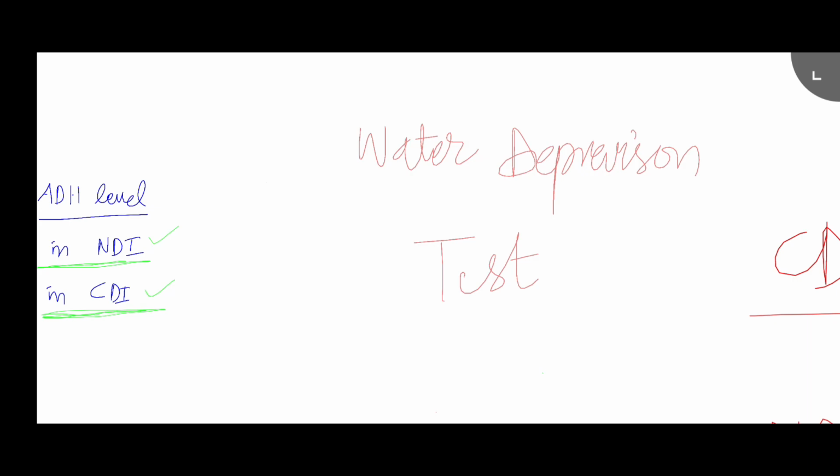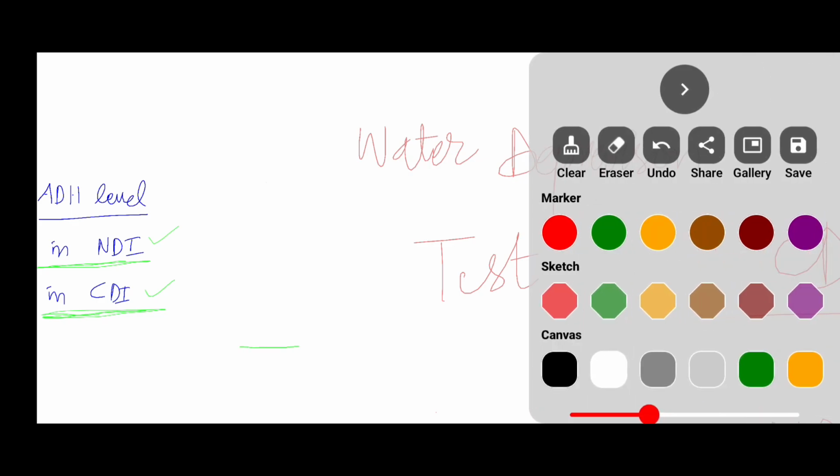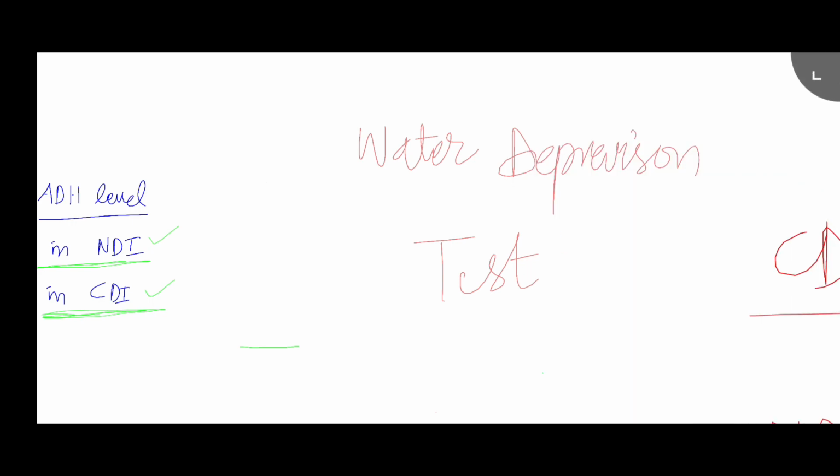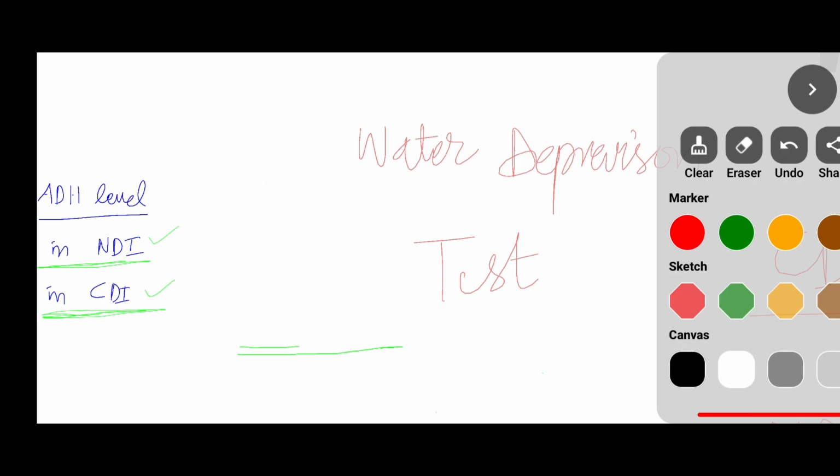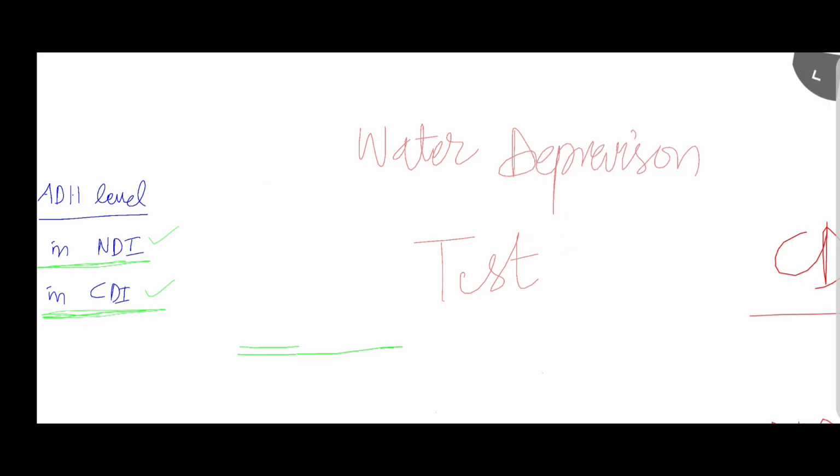I'm going to tell you that in detail here. If I divide this line, this is 0, this is 8, and this is the next 8 hours.